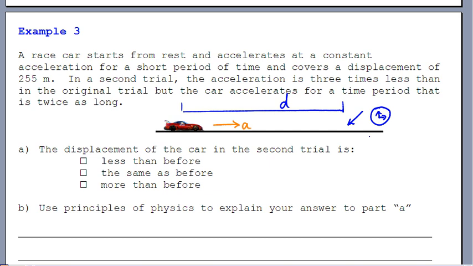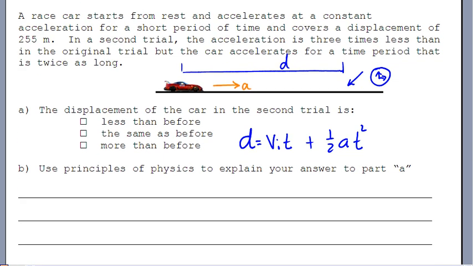Can't go any farther. Okay, so we need an equation that's going to bring those issues together, because they're asking us, do you think the displacement in the second trial is less, the same, or more than before? And then we've got to justify our answer. Well, kinematically, I think we'd be best to go with Vi t plus 1/2 a t squared. It deals with all the things that they're talking about, and it doesn't deal with final velocity.